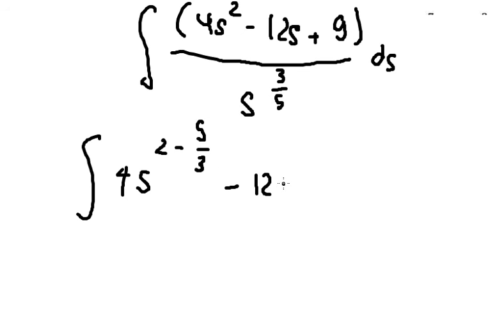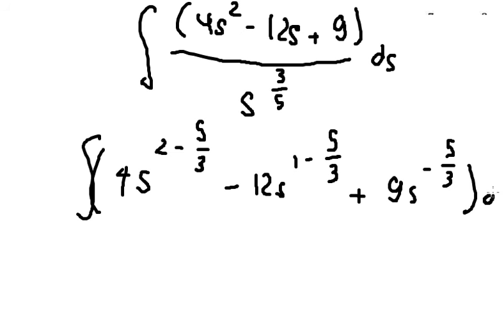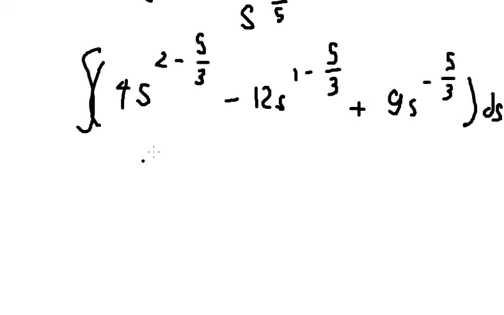Negative 12 h 1 minus 5 over 3 plus 9h to the power of negative 5 over 3. So 2 minus 5 over 3, you will go about 1 over 3. This one you got about negative number 2 over 3.